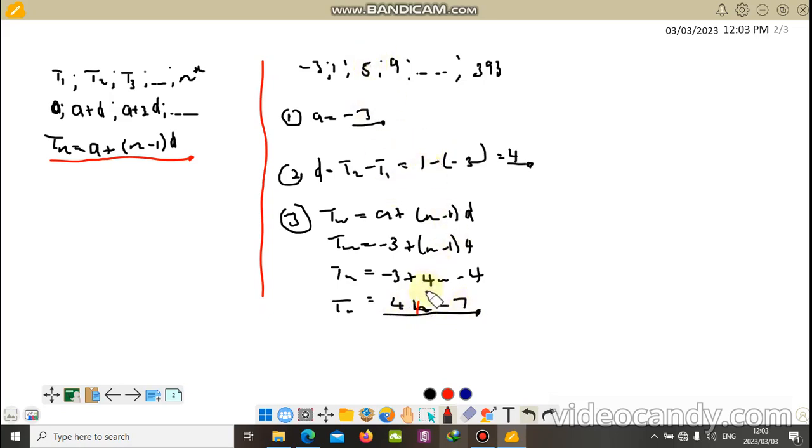Term 4, just like that: 4 times 4 is 16, 16 minus 7 is 9. So this is how you find the general formula for that.